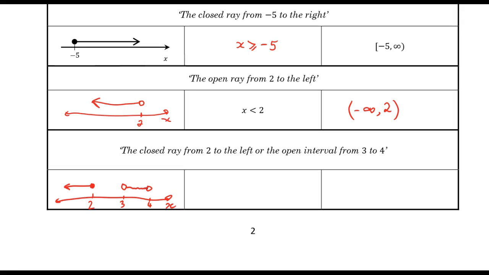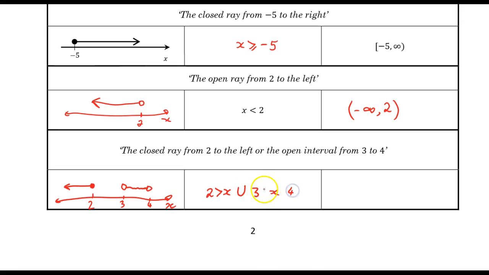Now, as an equation here, I'm going to say that 2 is greater than x, or I could say x is less than 2. I want that, or I'm going to use a union symbol, or x is between 3 and 4.